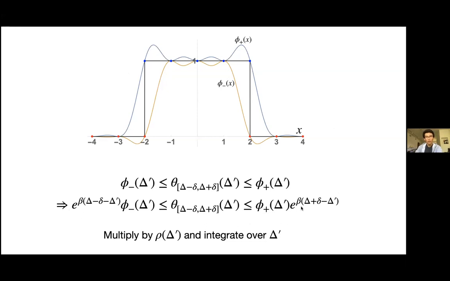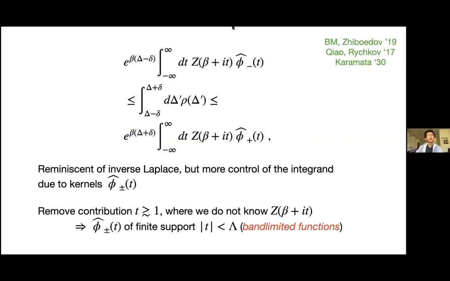Then we multiply this inequality by the density of states, and we integrate over delta prime. This density of states multiplied by this exponent is almost the partition function, except for these phi's. But we can just take the Fourier transform of these phi's, and eventually you get this formula, where you integrate the Fourier transforms, these phi hats, with the partition function.